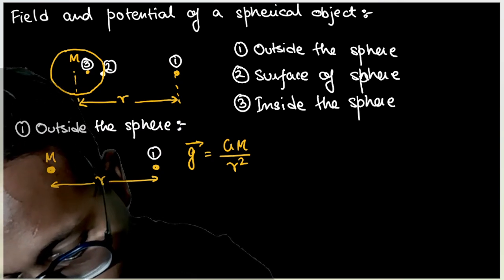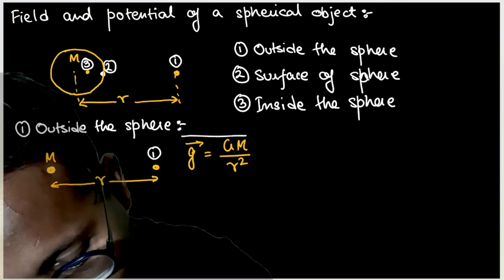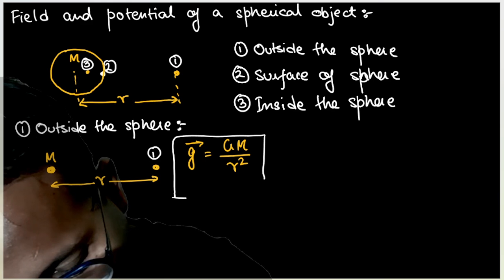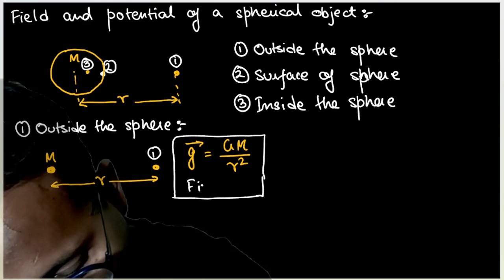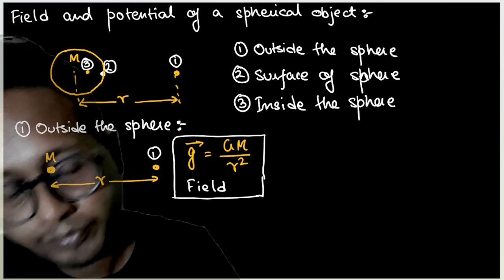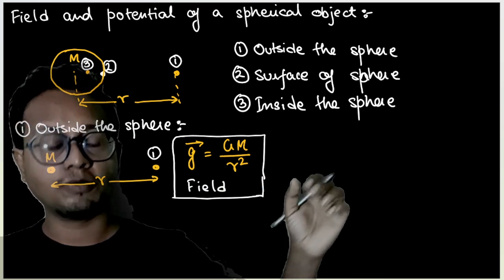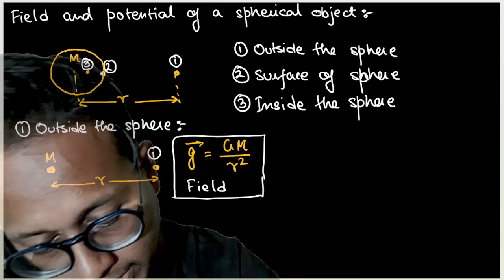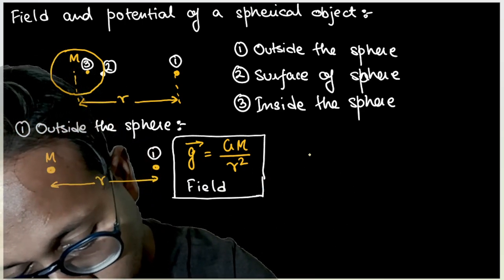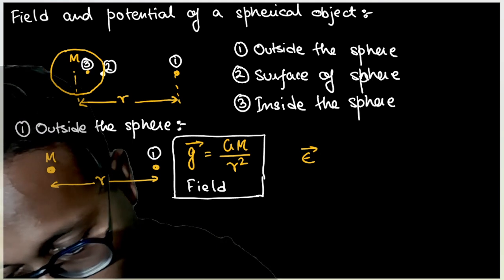This is nothing but the gravitational field. What is the potential out here? The potential is nothing but gravitational potential, or potential energy, or energy of 1 kg.